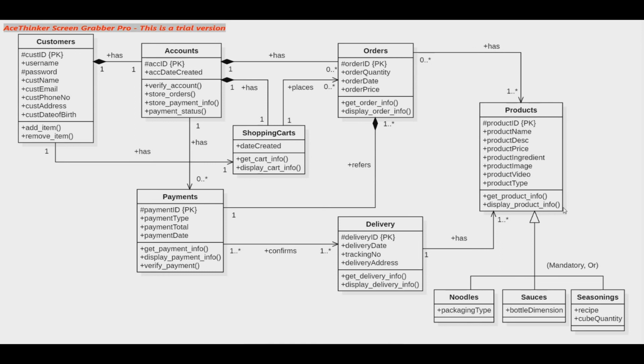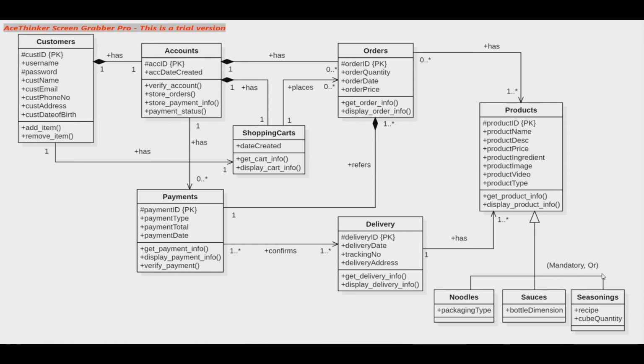And then we can see the relationship of the product and the subclass. The constraint of the product entity is mandatory OR. The meaning of this mandatory OR is every product must be either noodles, sauce, or seasonings. That's why we call it a mandatory OR.